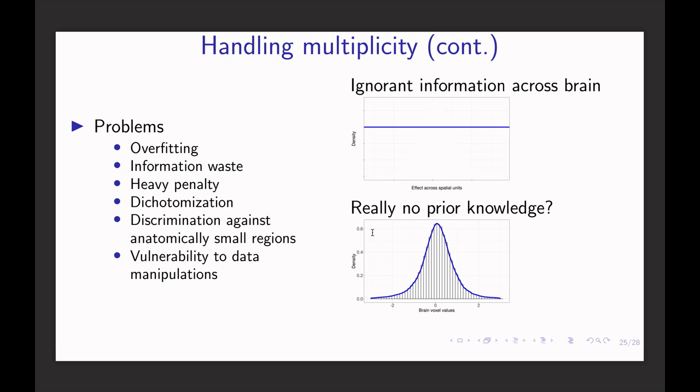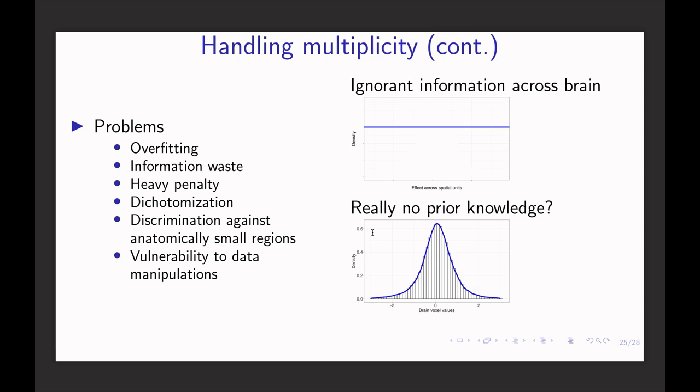That assumption is that all those spatial units don't share any information. That assumption is they're uniformly distributed. On the right-hand side at the top, you see the flat blue line. That's the assumption. So basically, you have a prior. From a Bayesian perspective, that prior means you have no knowledge about the distribution of those voxels or nodes or regions.